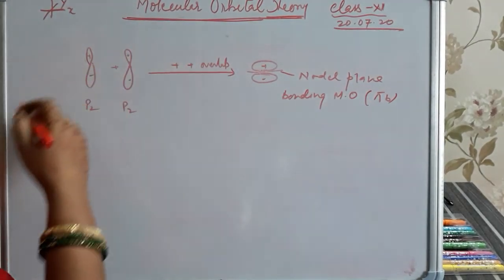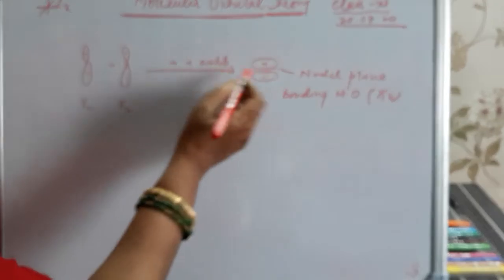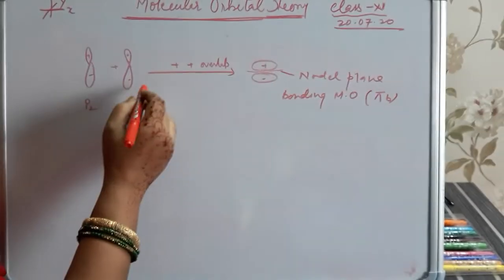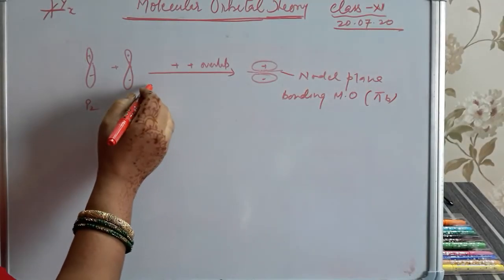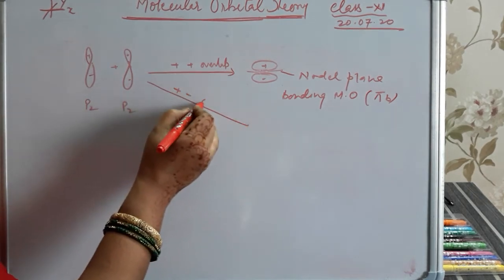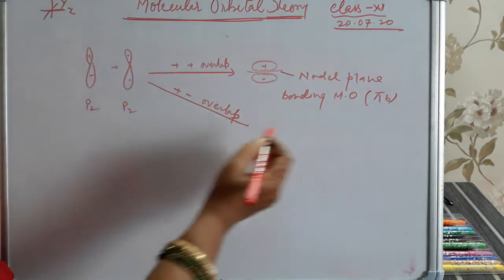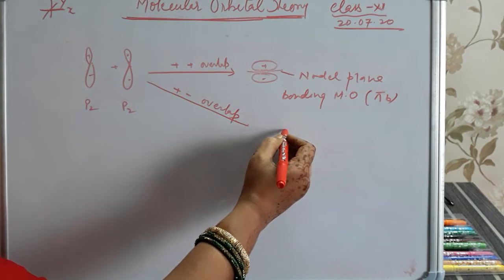Whenever side-wise overlapping takes place, pi bonding is formed. One molecular orbital is formed by plus overlap and another by subtraction overlap, that means plus minus overlapping of these orbitals. This will form like this.